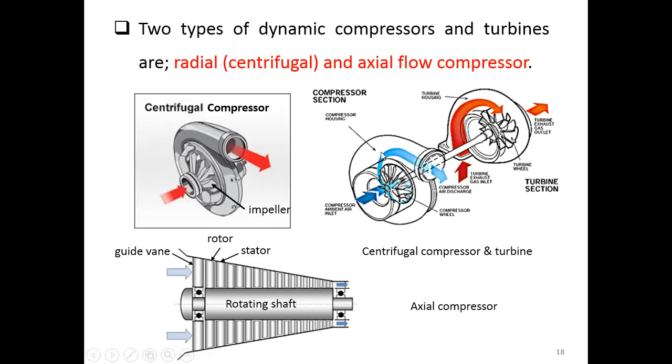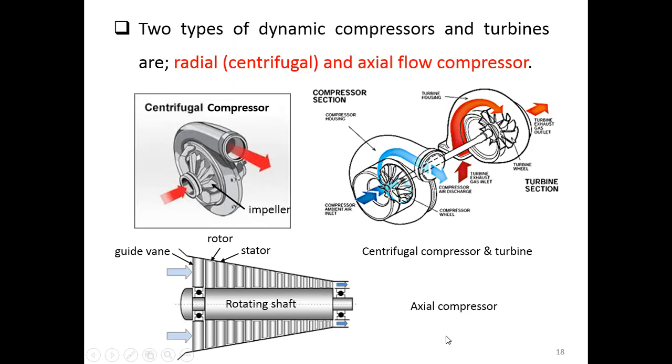The characteristic of the flow in the centrifugal compressor or the centrifugal turbine is that the flow will flow in the middle. When the flow comes in, it flows in at the center of the device, in the axial direction here. And when it leaves, it is going to leave in the radial direction here.